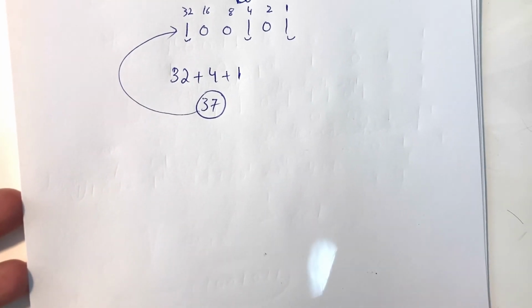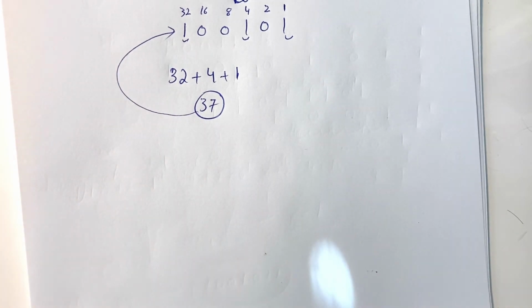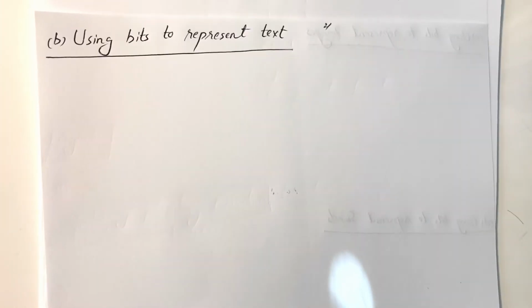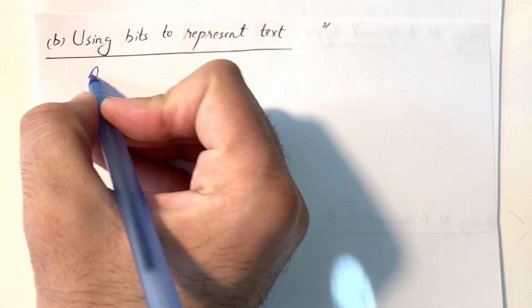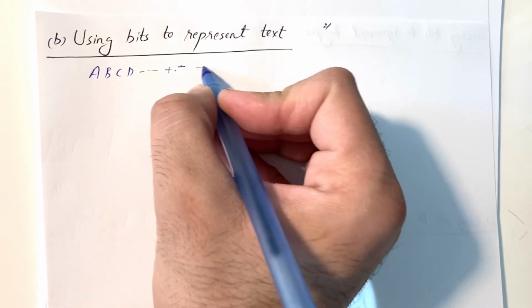If anybody has any questions, of course, we can have a discussion during the class time as well. So let's move on to our next topic. To encode standard characters, I'm talking about A, B, C, D, and some symbols like plus, minus, etc., how can we convert these textual letters?